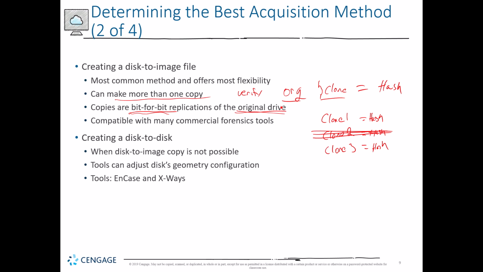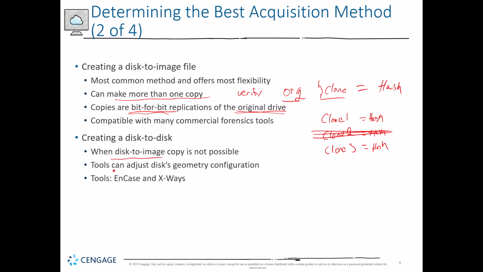Only a bit-for-bit clone of the original evidence is going to be used for review, unless your scope of work is looking at a specific object or a specific volume, and then you'd be hashing those portions instead. A disk-to-disk copy is normally done when you can't do an image for whatever reason.